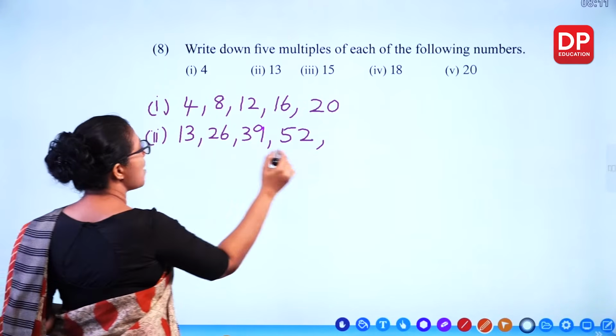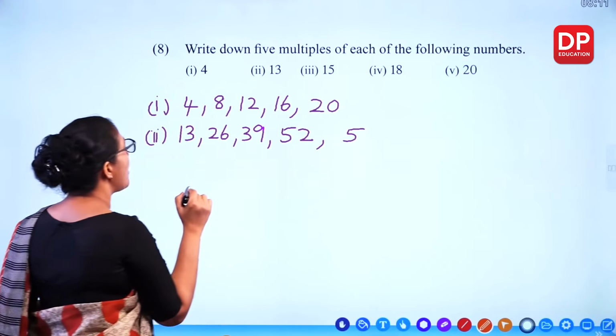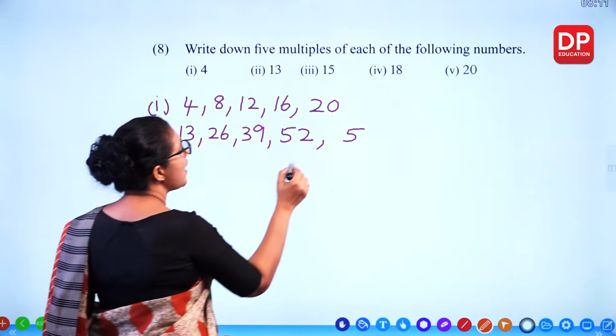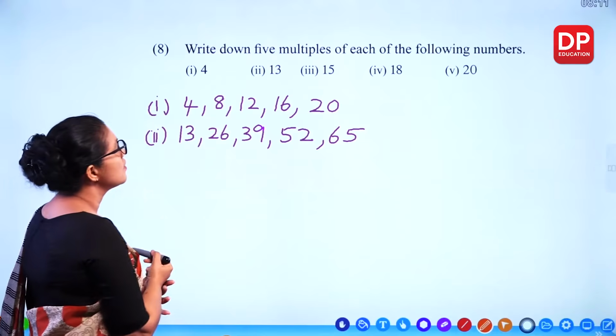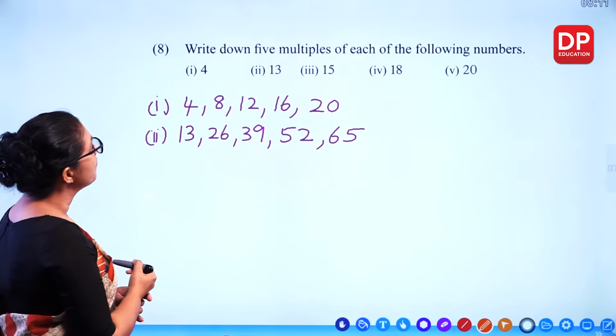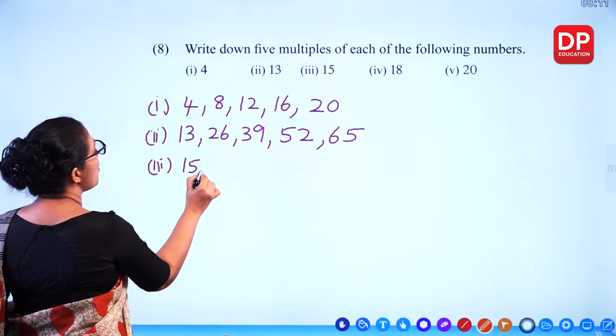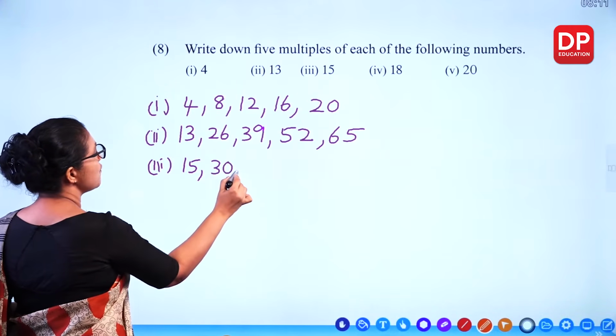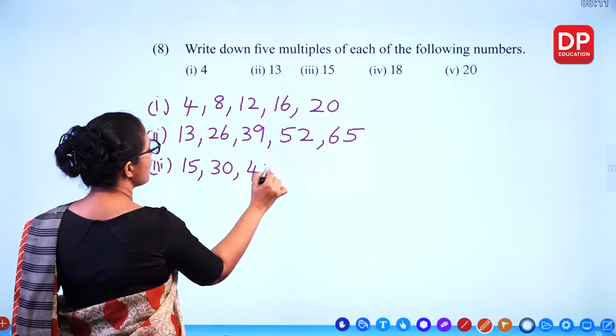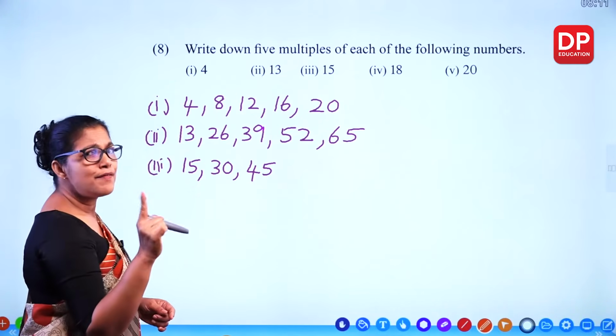Then 5 times 3, 15, 1 remaining. 5 times 1, 5 plus 1, 6. So, those are the 5. 15 times 1, 15 times 2, 30, 15 times 3, 45. You can add 15 to that.